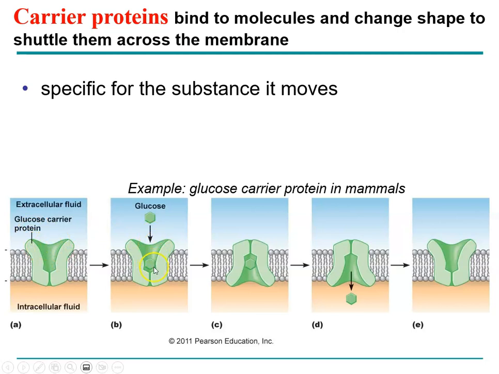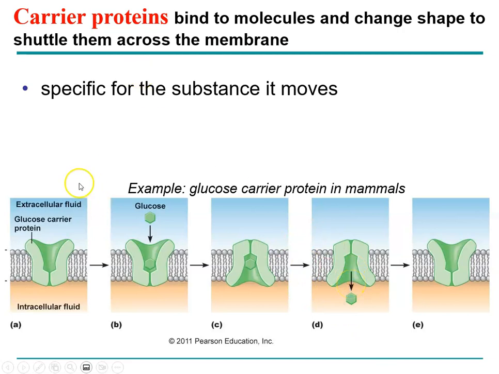Now, once the glucose binds with the site that activates that protein to change its configuration, basically change its shape, and then allow that glucose to then be dispensed inside the cell.